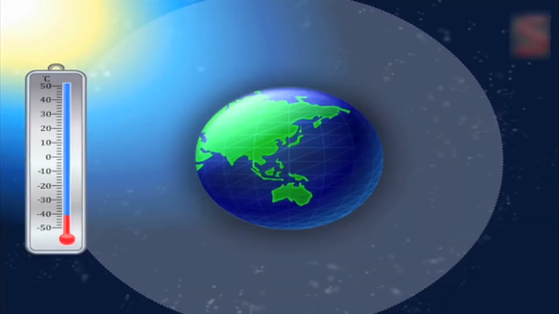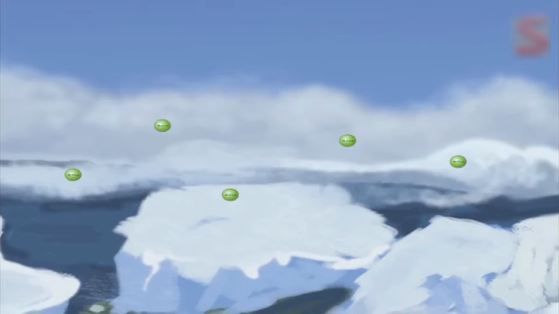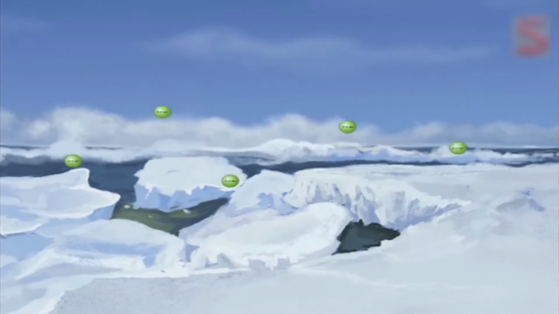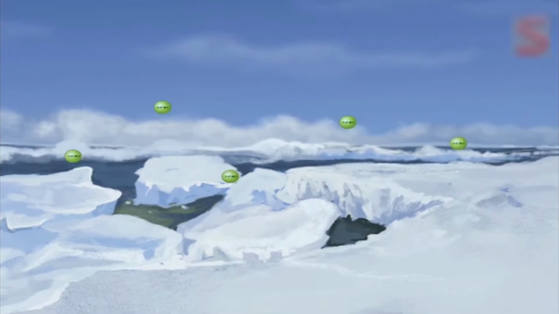Students, as you studied in your class 9, it is the atmosphere that traps the solar energy that reaches Earth by preventing it from totally escaping back into space. Students, as the global temperatures rise, the ice in the tundras melts more. As a result, the methane that is under the ice in the tundras escapes into the atmosphere.